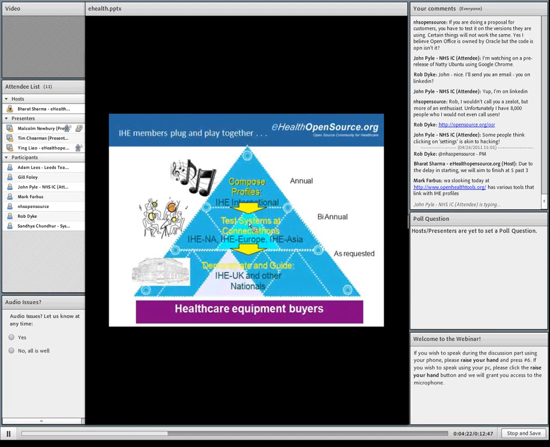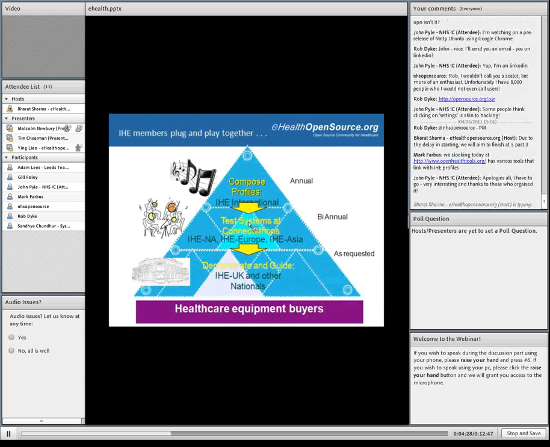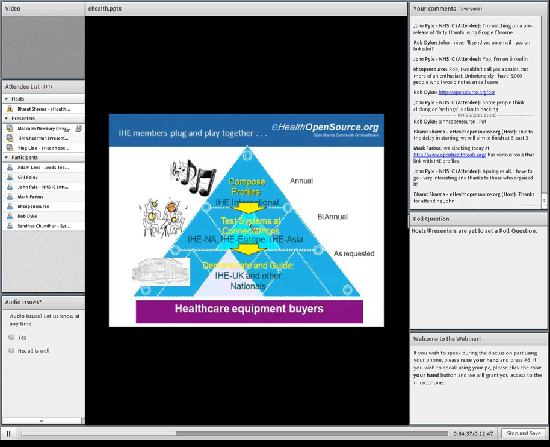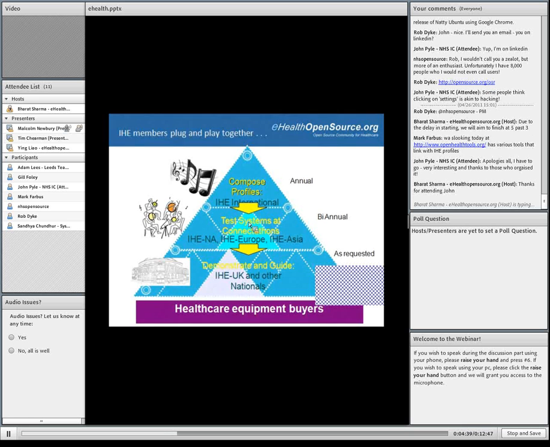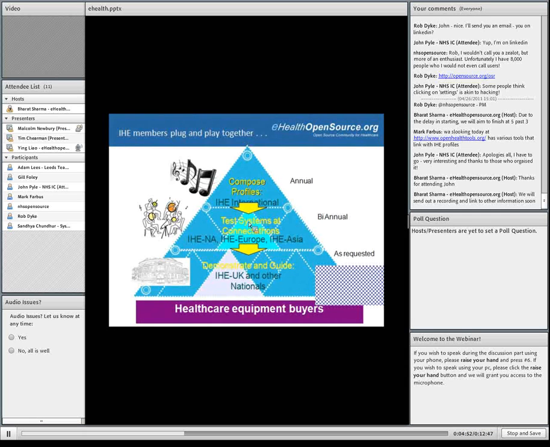And IHE is a whole organization to compose profiles, to get vendors to rehearse together in things which we call connectathons. They're actually quite formal testing events where different systems can connect to each other and do peer-to-peer testing and group testing, and earn a star or a badge at the end of the day to say that they've actually passed a series of conformance tests.